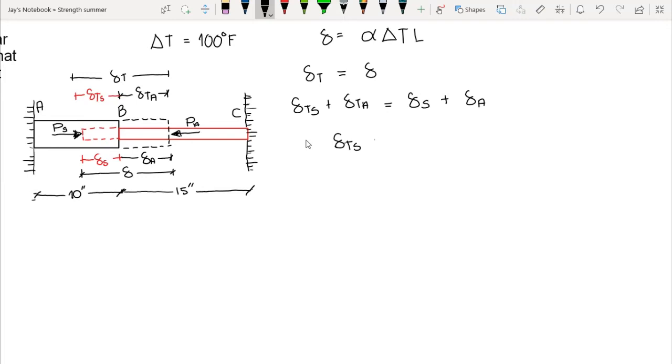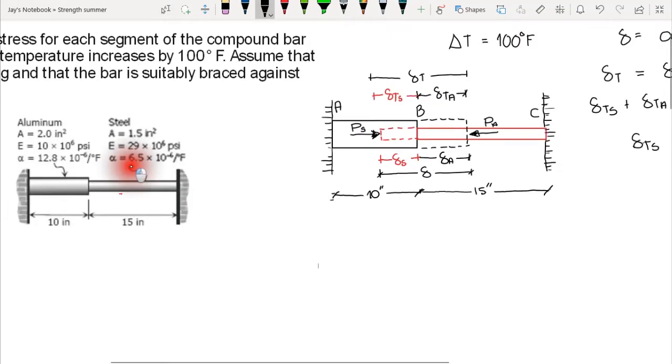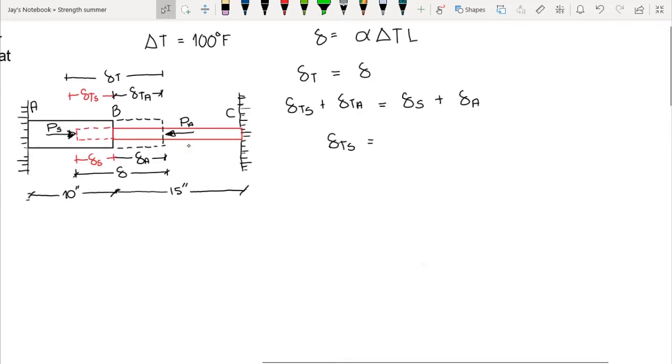Now we know that the coefficient of thermal expansion of steel is equal to 6.5 times 10 raised to negative 6 per degree Fahrenheit. The area is 1.5 square inch and the modulus of elasticity is 29 times 10 raised to the 6. We have 6.5 times 10 raised to negative 6. This is in terms of degree Fahrenheit, diba?